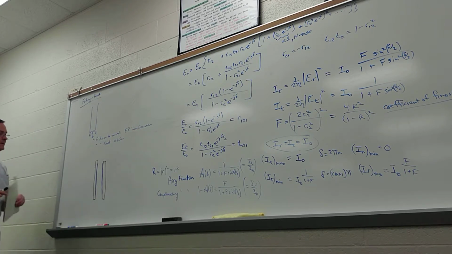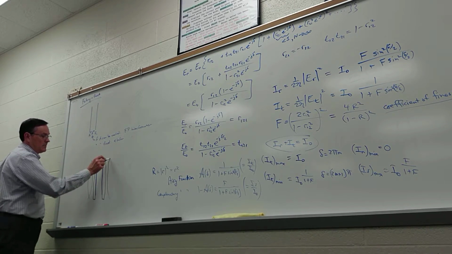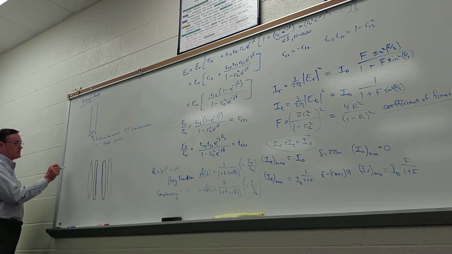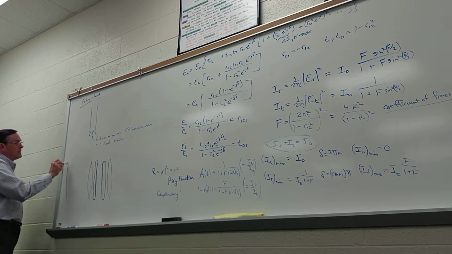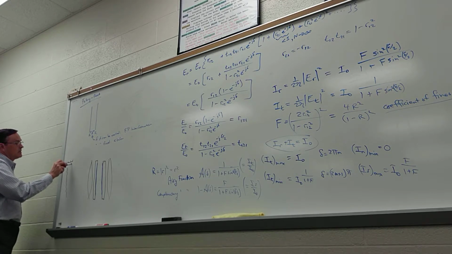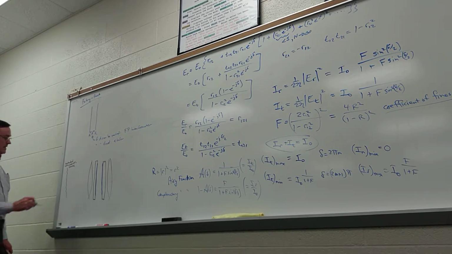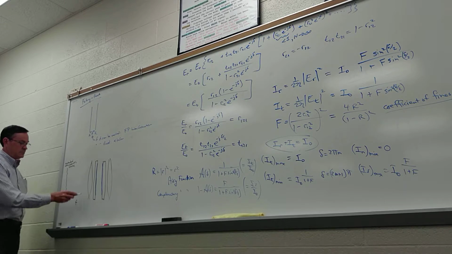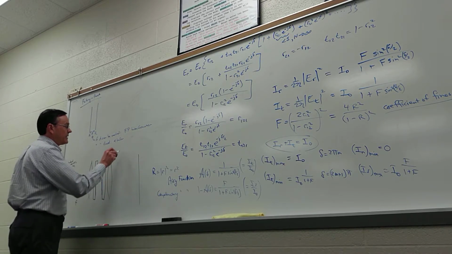Then I could put some lenses here. And I could start off with an extended monochromatic source and have this be one focal length away from the first lens, and then look in the back focal plane of the second lens.